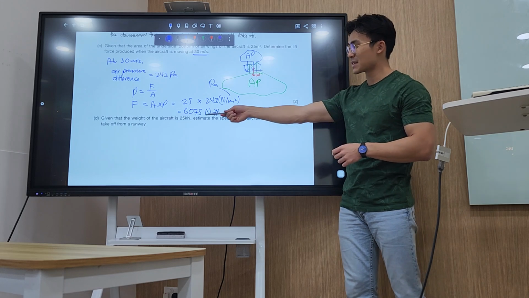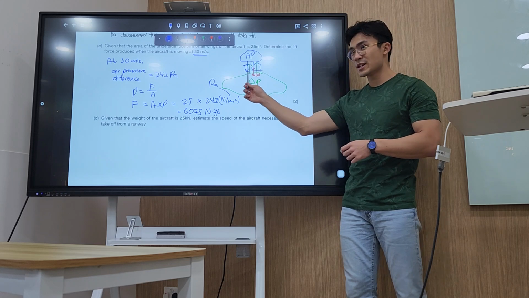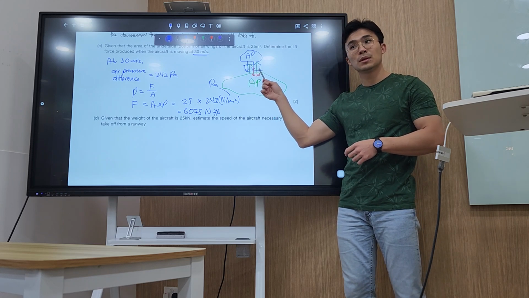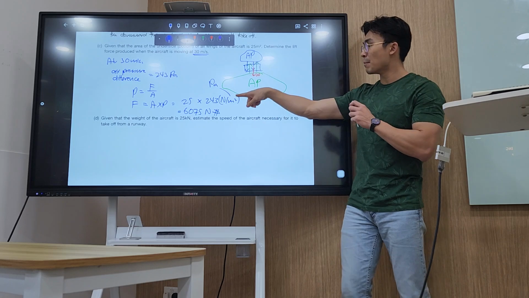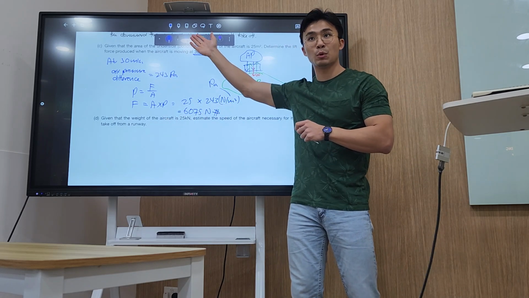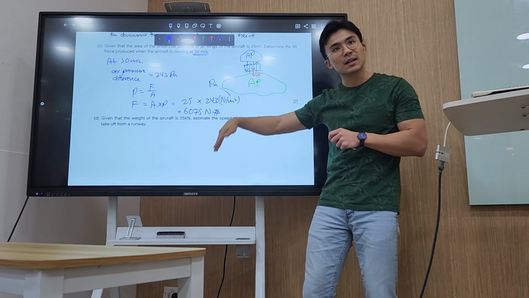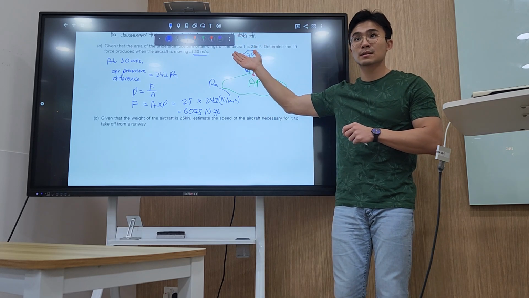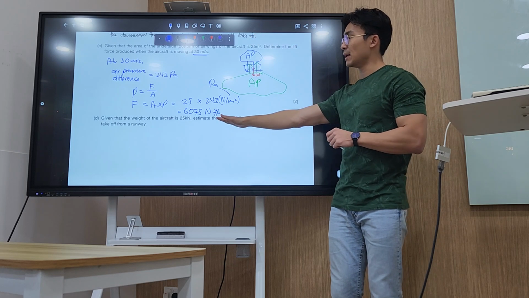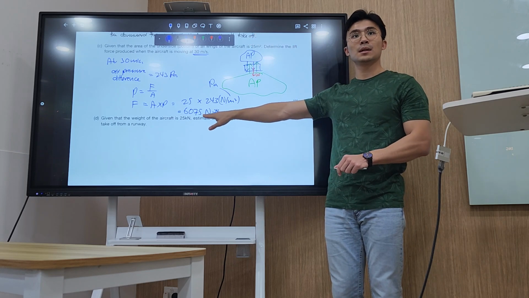Your 6075 is not just green, it's green minus blue, because I minus off 243 is below pressure minus upward pressure. So I have accounted for the blue force. I have not subtracted weight. This is just lift.